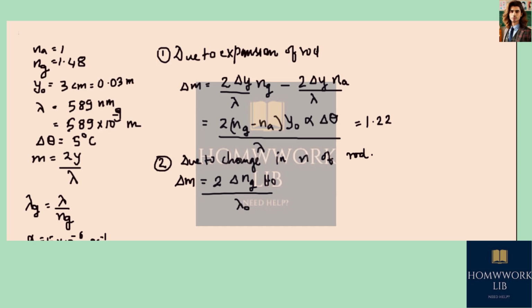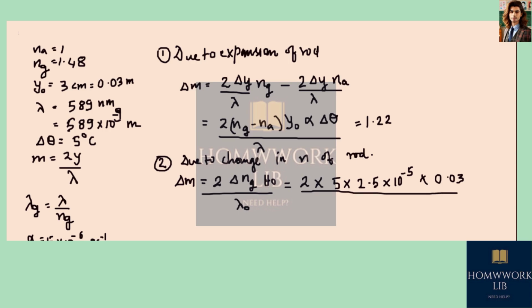Note that since the effect is very small, we can consider these two separately and not at the same time. So this is equal to 2 into the change in refractive index of the rod; the coefficient is 2.5 into 10 to the power minus 5 per degree Celsius. Since the change is 5 degrees, this should be 5 into 2.5 into 10 to the power minus 5, because this is per degree Celsius and this is the degree Celsius that is changed. Now into y naught, again 0.03.